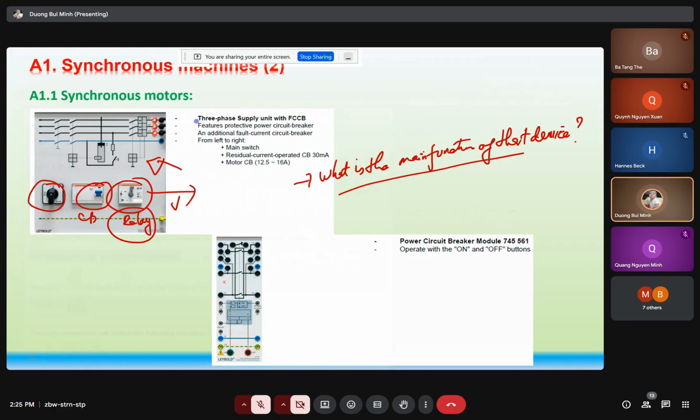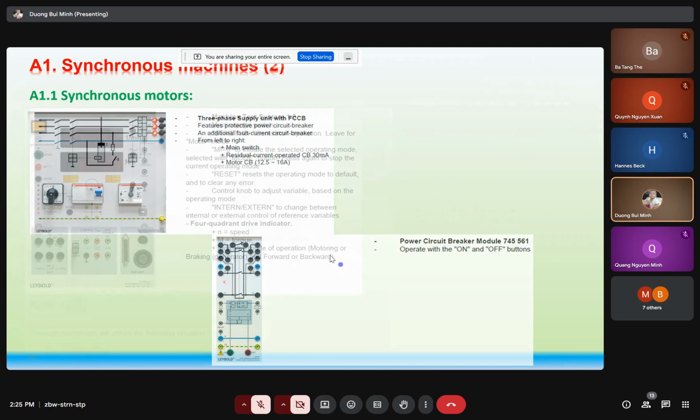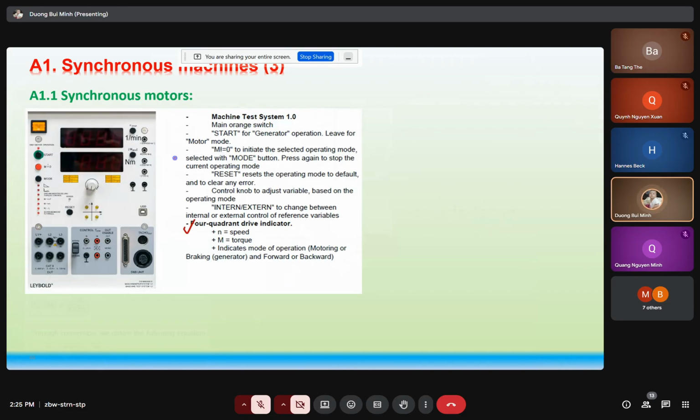Of course, this is the three-phase supply unit with circuit breaker. This is circuit breakers. And what is X, and why do we use this one? This is the control unit, right?